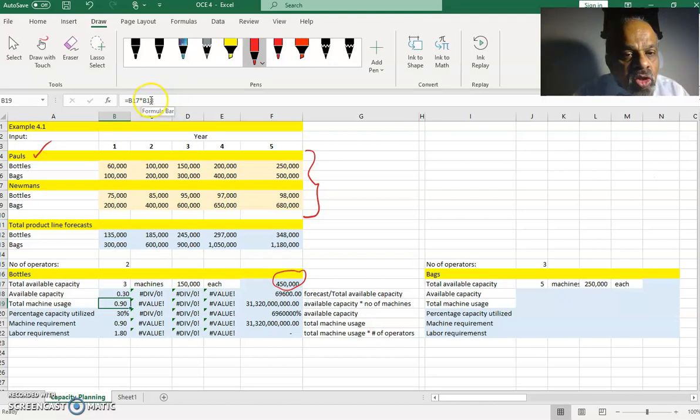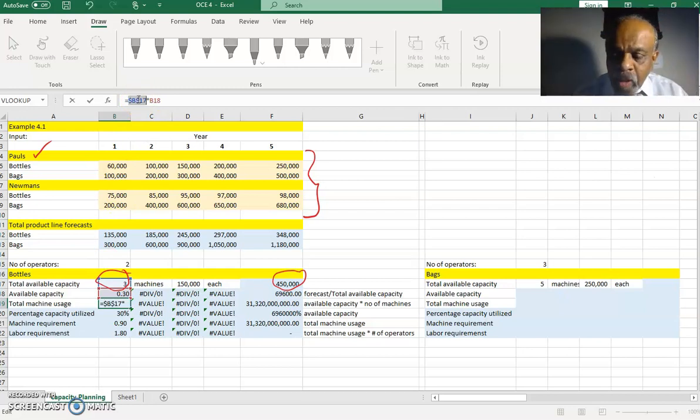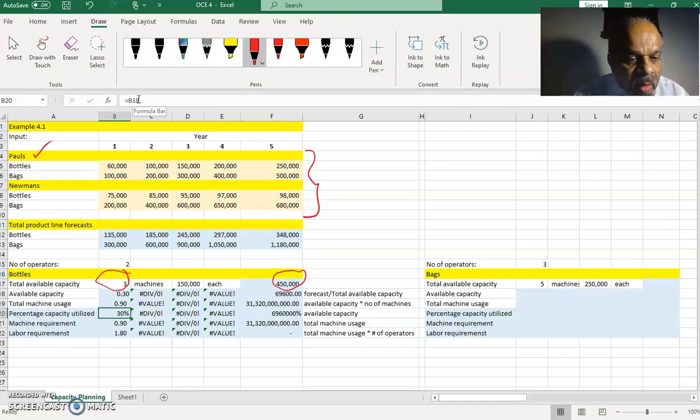My machine usage, B18, is fine. But B17, which is the 3, is going to be constant. So B17 should be an absolute reference. My percentage capacity utilized is simply the one that is 0.3, so no problems at all.